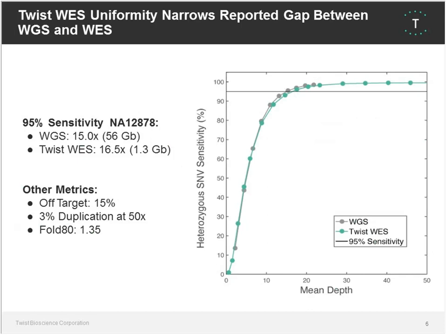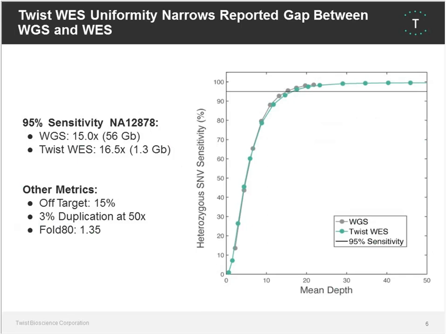With that said, Twist went back to see how our improvements in probe synthesis and workflow translated to narrowing the gap between whole genome and whole exome sequencing, which I showed a couple of slides earlier based on Minard's data in 2014.